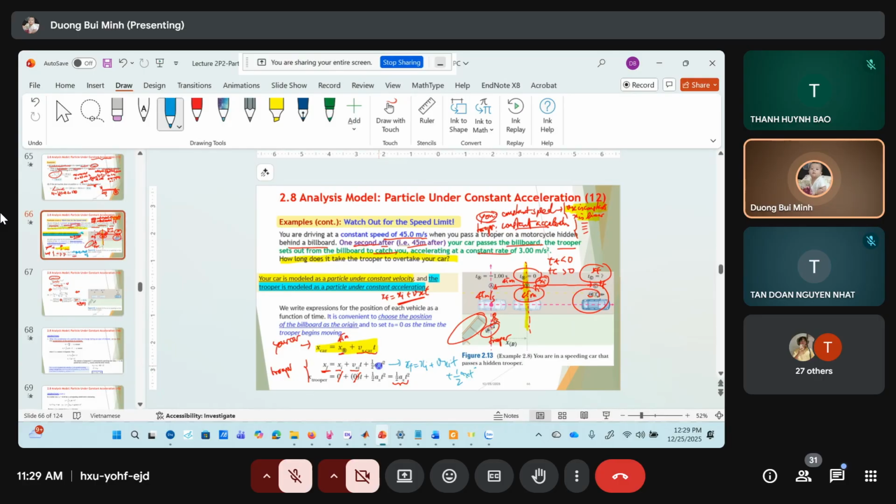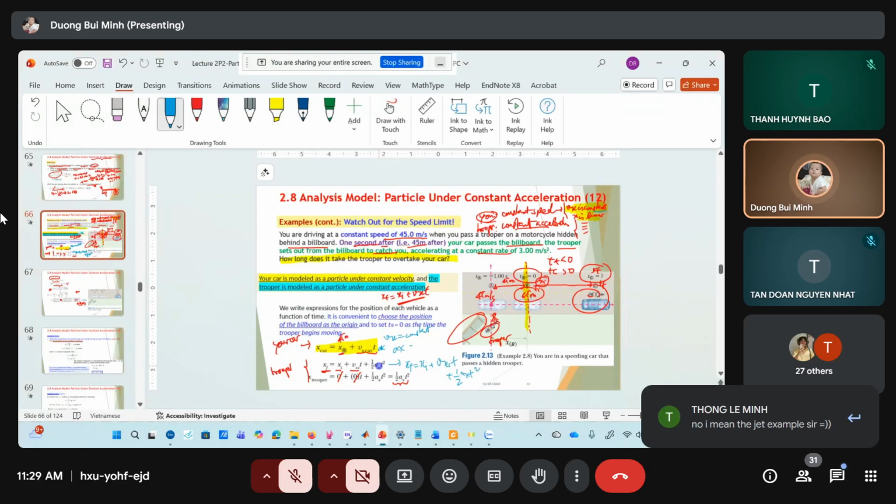Oh, you mean why we don't use this one, right? We don't need it, because the vx for the car is constant. That means ax is already 0.